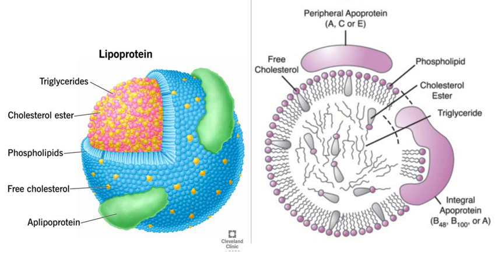A special kind of protein called apolipoprotein is embedded in the outer shell of the complex lipoprotein molecule. It gives the molecule a stabilizing effect and its functional identity, determining its role in lipid metabolism.